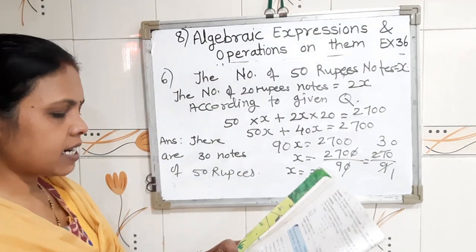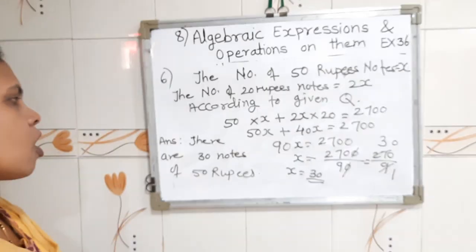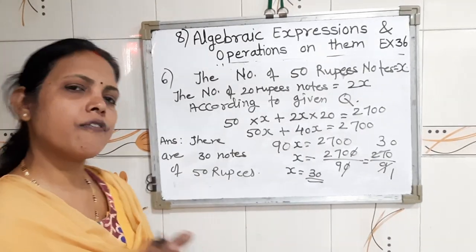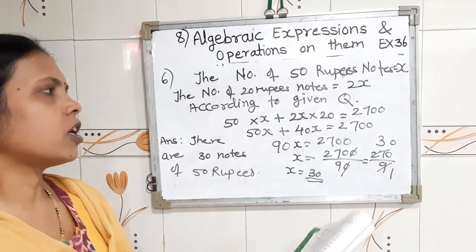Or you can write it this way: she has 30 notes of 50 rupees. So the last question, that is the 7th one.